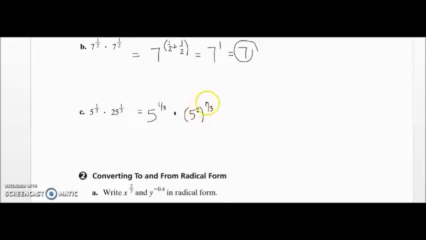Well, what happens when I raise a power to a power? I just multiply them. So 2 over 1 times 1 over 3 just becomes 5 to the 2 over 3. 2 times 1 is 2. 1 times 3 is 3. And let's not forget this first part.